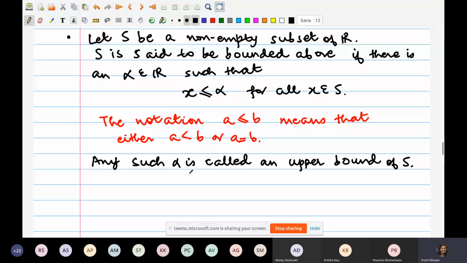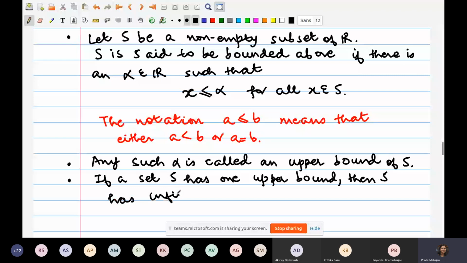Please note that there is no uniqueness here as far as alpha is concerned. If a set S is bounded above, which means I can find one such alpha satisfying this condition, then alpha plus 1, alpha plus 2, alpha plus 3 are all upper bounds of S. So if a set S has one upper bound, then S has in fact infinitely many upper bounds.